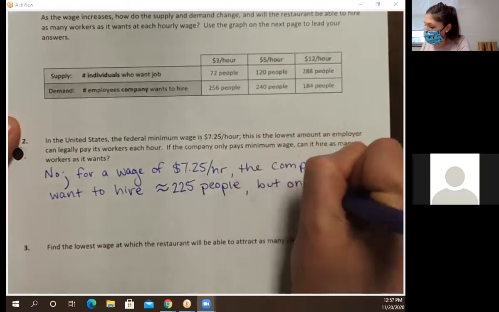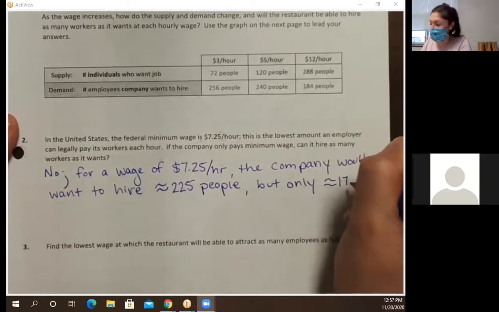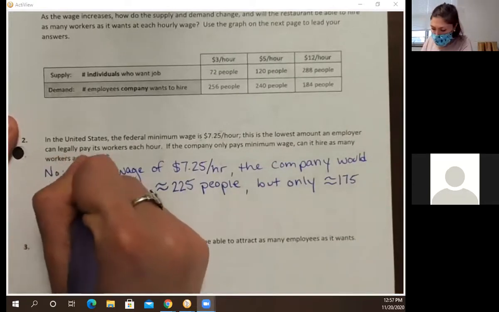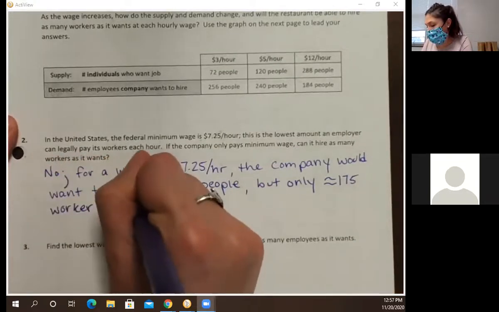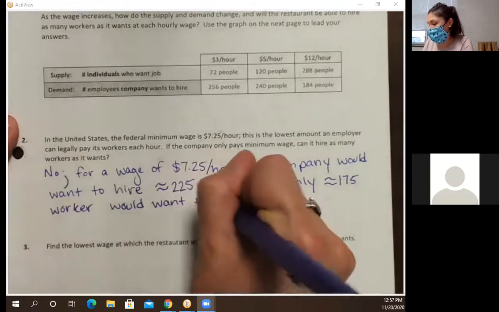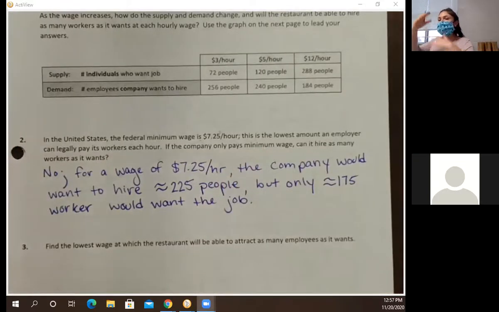But only, again approximately, 175 workers would want the job. So we have this kind of mismatch here.